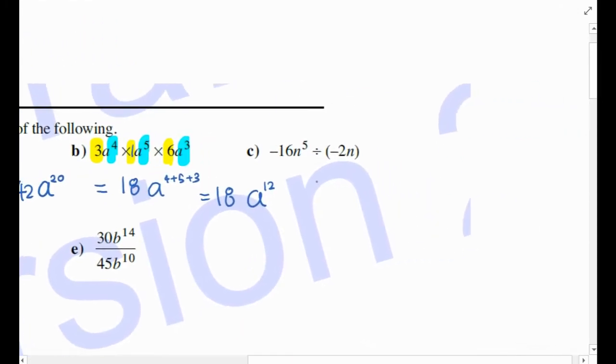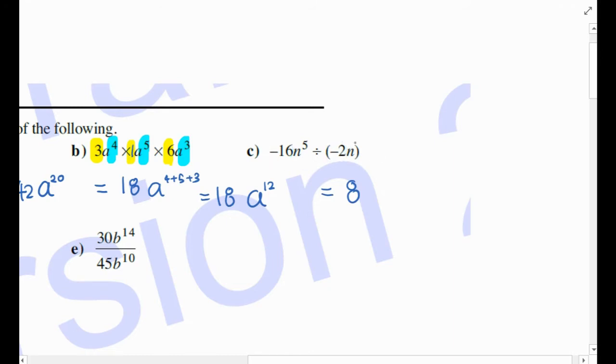Next. So what if we have division? It's the same. You have -16, -2. So what do you get when you divide -16 by -2? That is +8. Negative sign and negative sign together becomes positive.